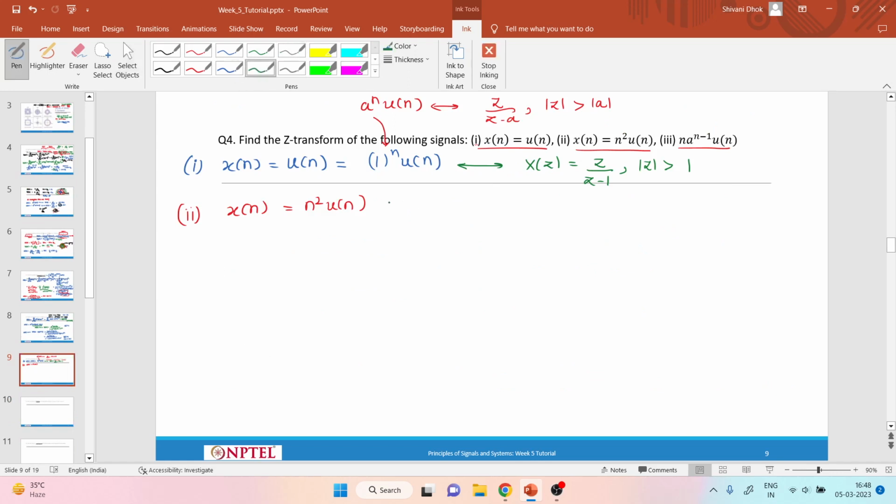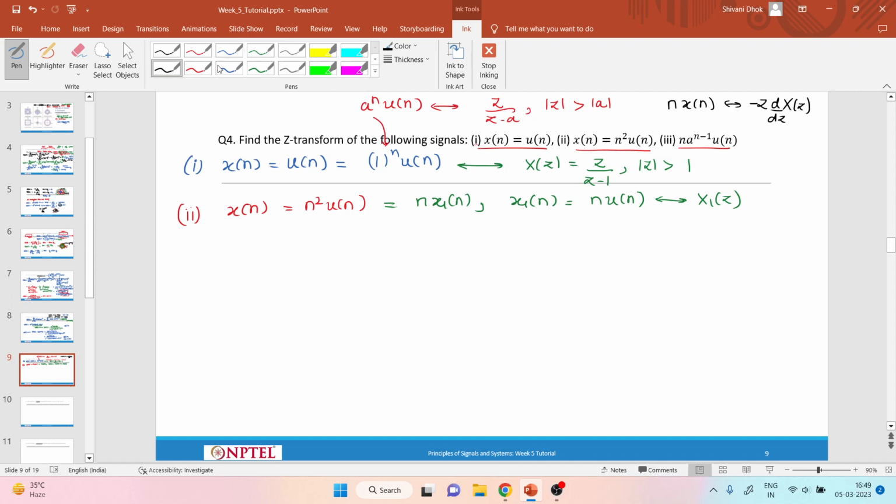So I can write this as n into x1 of n, where x1 of n is equal to n into u of n, and let's say this x1 of n has z transform x1 of z. Using this property, n into x of n will have a z transform of minus z d dz of x of z.